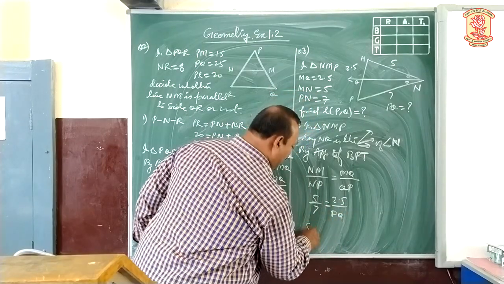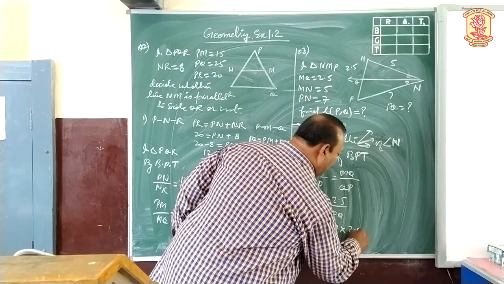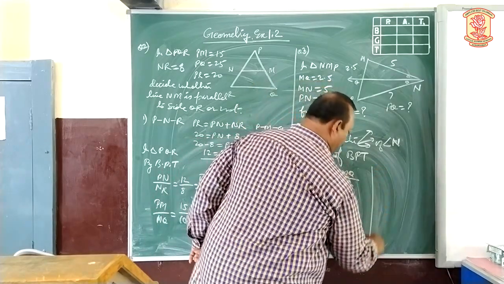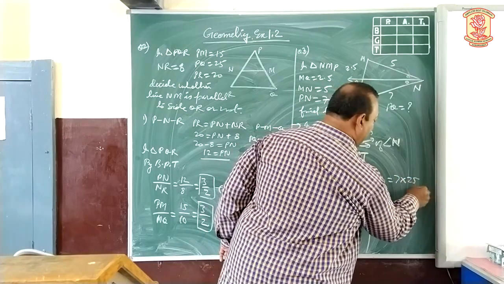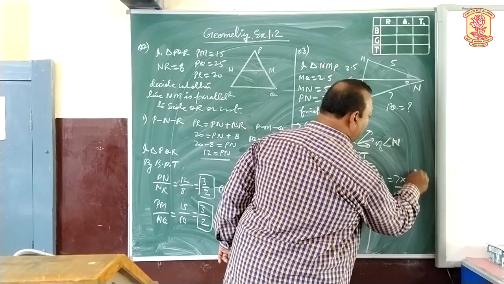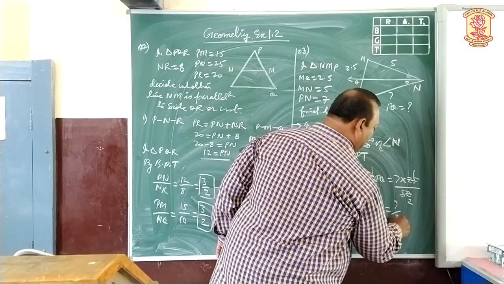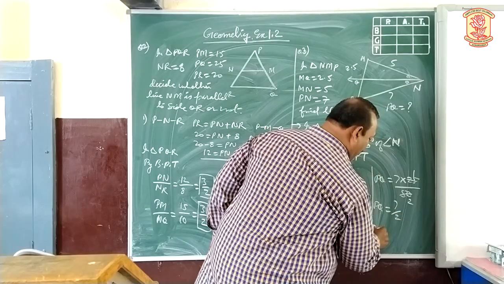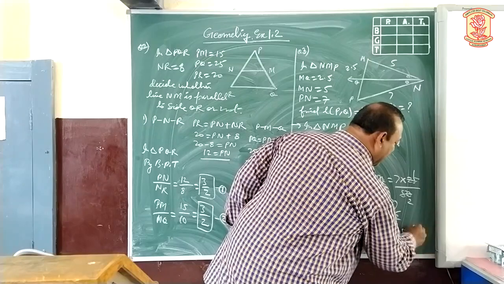Make a cross. 5 PQ is 7 into 2.5. Value of PQ will be 7 into 25 upon, remove the decimal, and it will be divided by 50. 1s are 2s are. Therefore, PQ is 7 by 2, and 7 by 2 is nothing but 3.5 units.